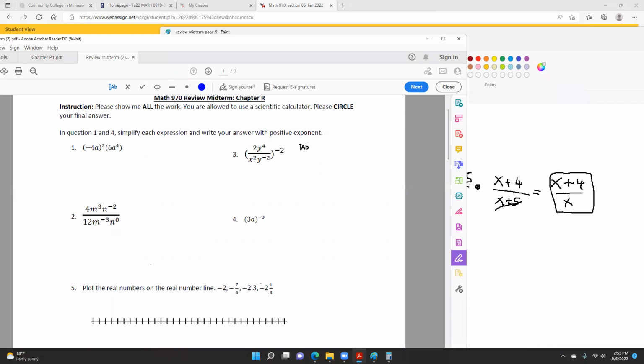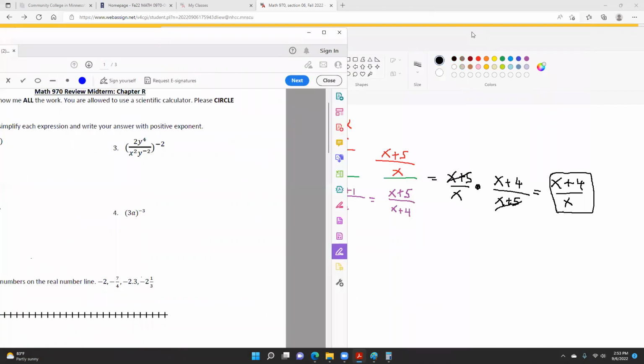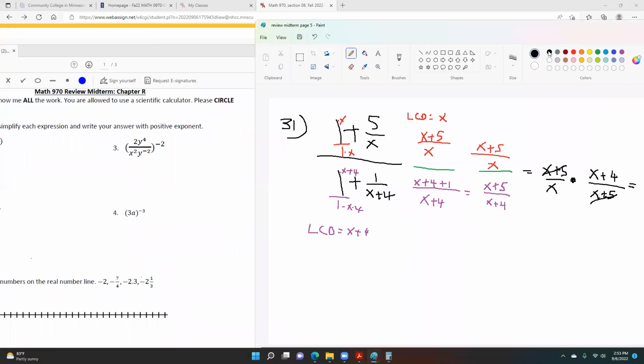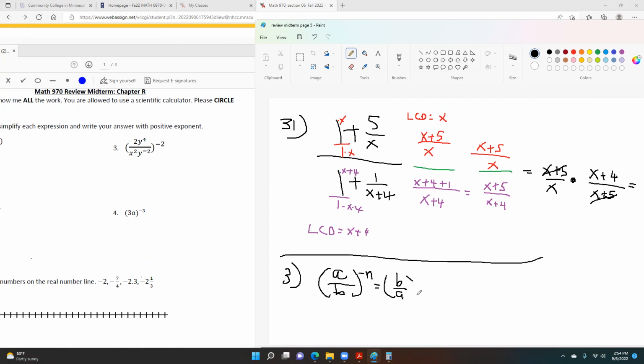Okay, so you distribute that first, and then you can distribute the whole thing -2, or you can switch it first. Since you know this is negative, we have a rule that if you have a negative exponent, you can get rid of the negative by flip-flopping the fractions. You can do that. And then you distribute the n in there, so you get b to the n over here.